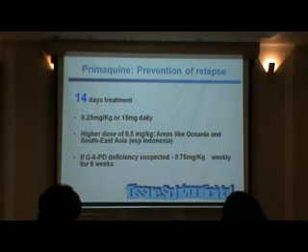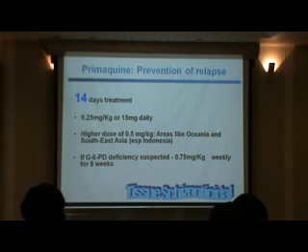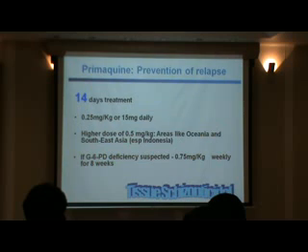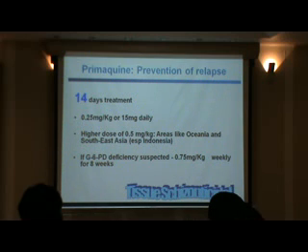A higher dose of 0.5 milligram per kg is used in areas like Oceania and Southeast Asia, especially in Indonesia. If on investigation we find that the patient is G6PD deficient, or if it is suspected, we can convert to 0.75 milligram per kilogram as a weekly dosage for 8 weeks. But that comes with a cost.